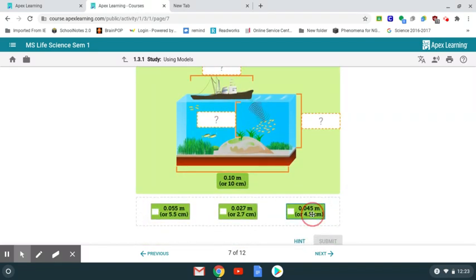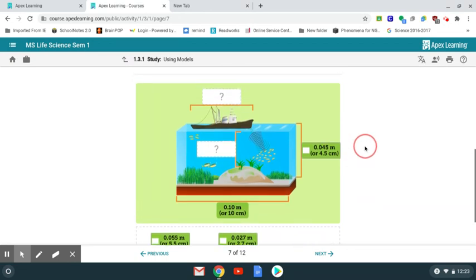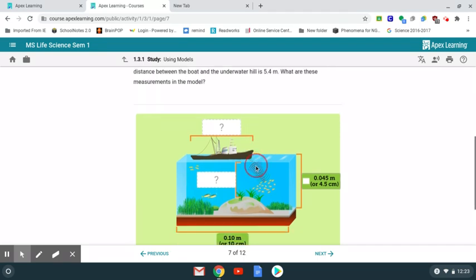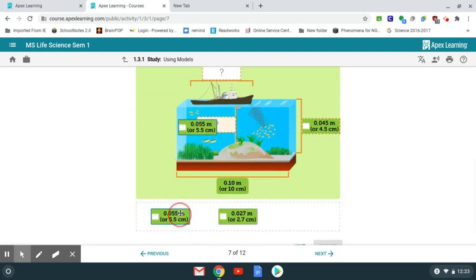So I'm going to take this 0.045 and drag it up there. Now the boat is 11 meters long, but the ratio is 1 to 200. So I'm going to take 11 divided by 200 and I get 0.055. Okay, that one goes there.